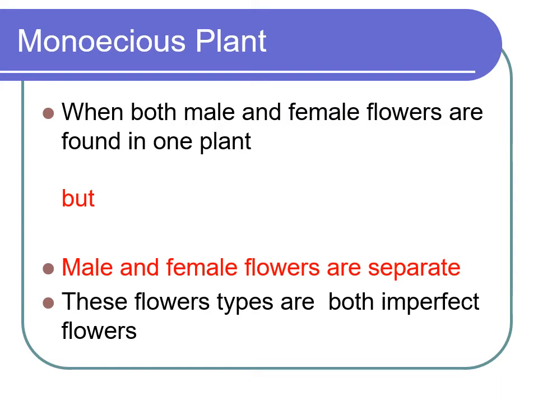That means only one plant is needed because both genders are on the plant. Dioecious, di means two plants are required, a separate male and a separate female plant. So with monoecious, both gender flowers are on the same plant, but they're typically separated, so these would be imperfect.